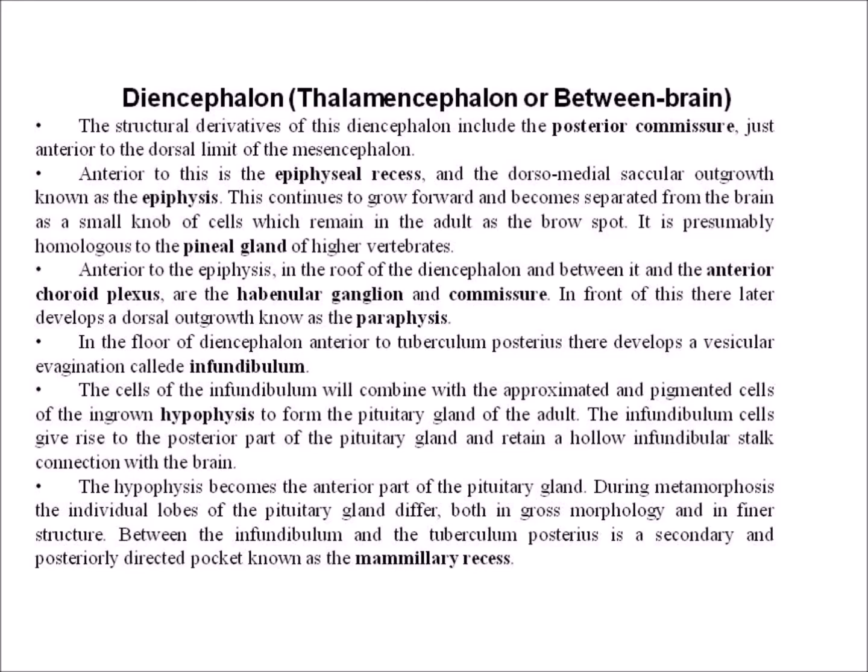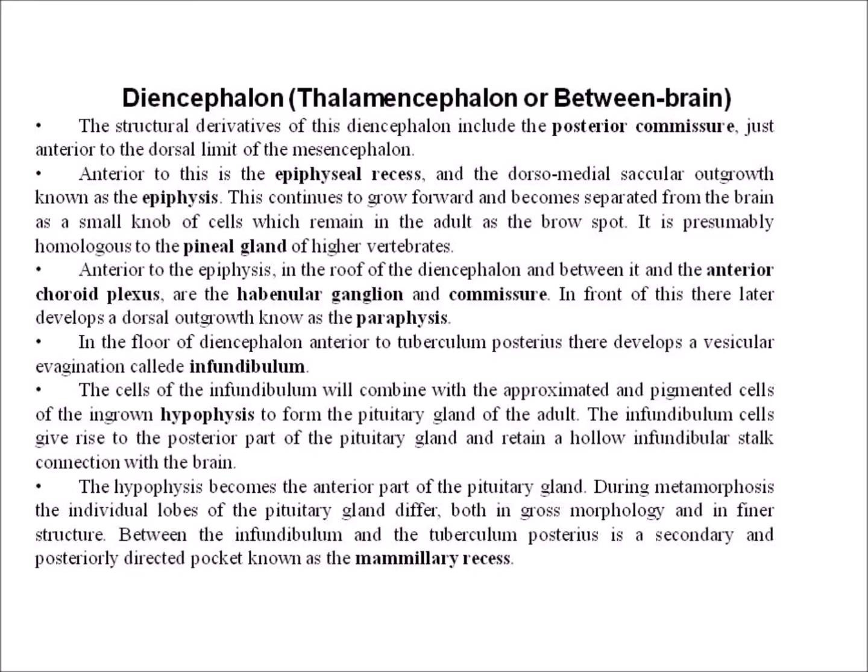The structural derivatives of diencephalon are posterior commissure, epiphyseal recess and epiphysis, pineal gland, then anterior choroid plexus and habenular ganglion and commissure, the paraphysis, and infundibulum. The infundibulum grows out and forms the hypophysis or the pituitary gland of the adult.